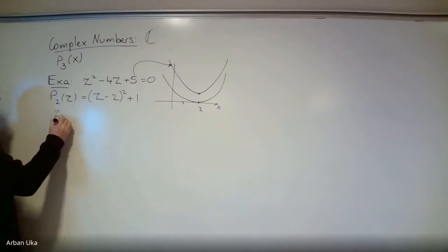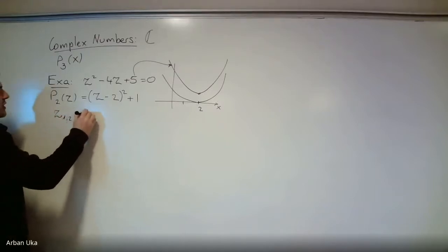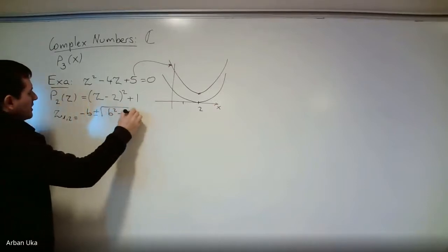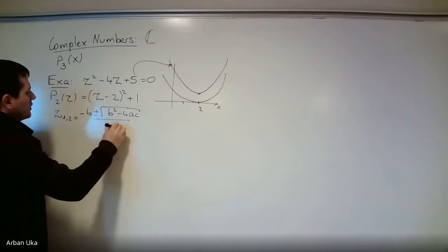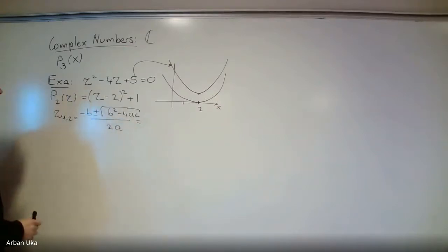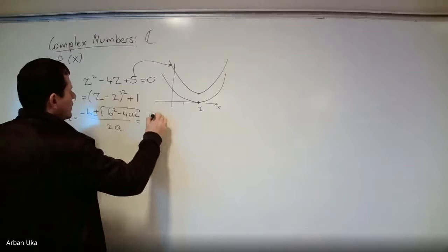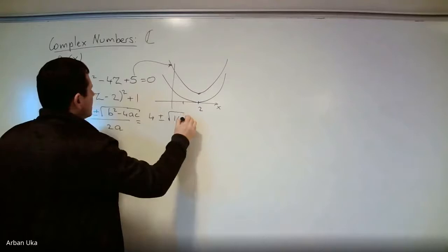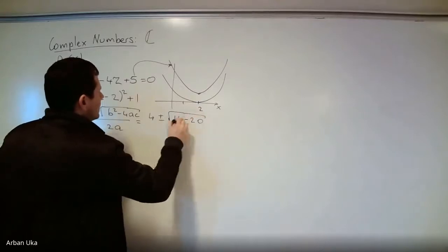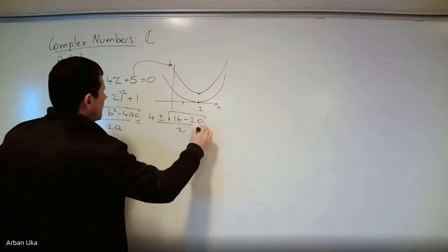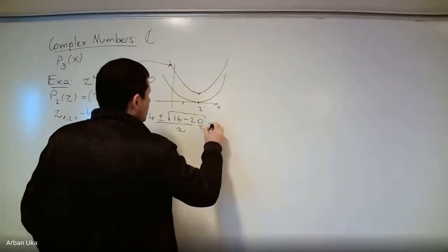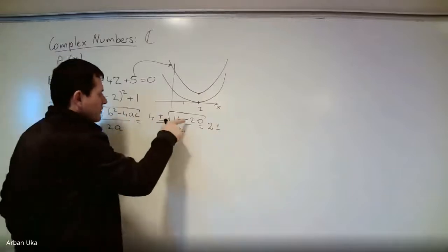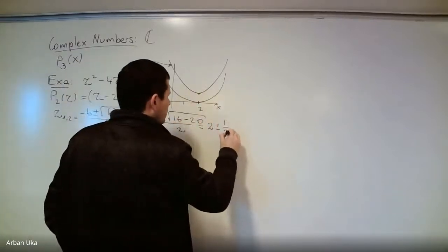To find those, we have this equation: z equals minus b plus minus the square root of b squared minus 4ac, over 2a. Here minus b is equal to 4, plus minus the square root of 16 minus 20, divided by 2, and this is equal to 2 plus minus the square root of minus 4 over 2.